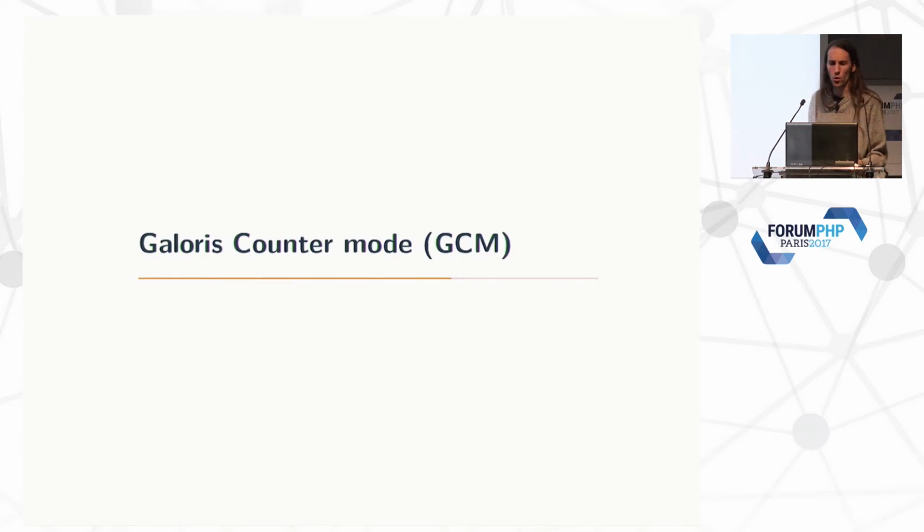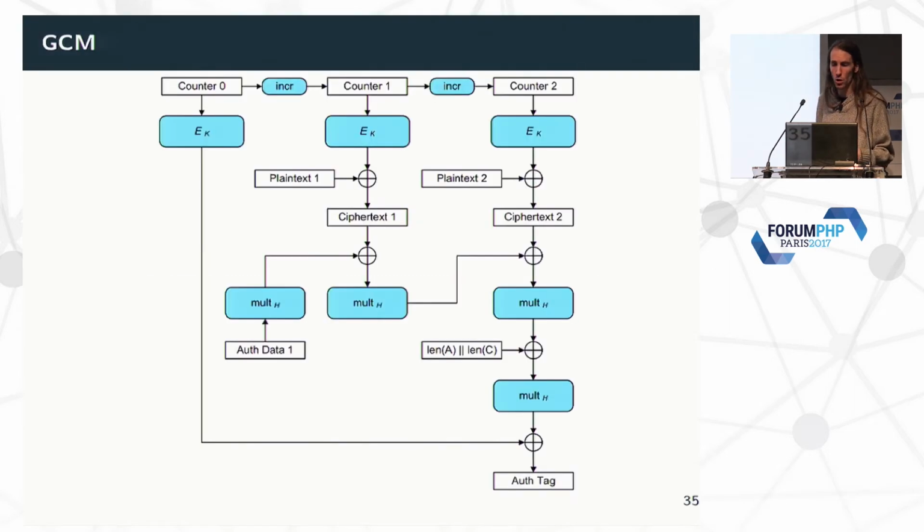The final mode I'm going to look at is Galois counter mode, which is a bit of an improvement over CTR mode, as it adds the authentication part of your cipher into the actual cipher level. How this works is you have a counter, which you increment for each block, but you also have an additional bit of authentication data, which is an additional bit of your key, which you also feed into a Galois function, and then that gets XORed to produce an output block, which authenticates your data.